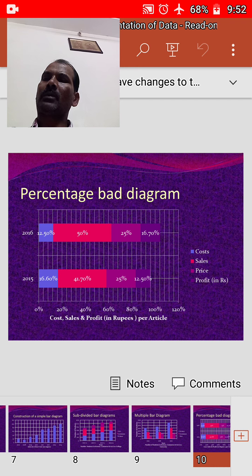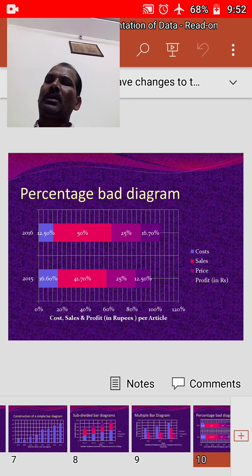Total is 87.5, sale price 100, so profit will become 12.5. Whereas in 2016 the material is 41.7%, wages 25%, and overheads 16.7%. The total will become 83.4%. If we assume the sale price as 100, the remaining will be the profit, that is 16.6%.